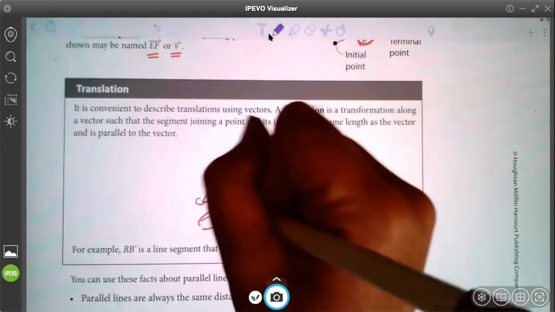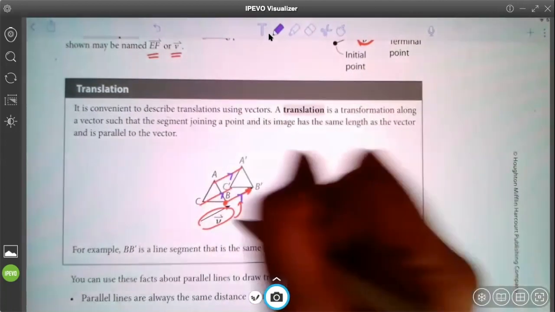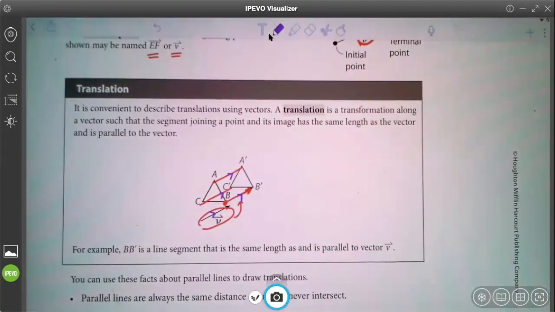That line would be parallel with this line, would be parallel with this line, and it would be parallel with our vector down here as well. And that's because parallel lines are always the same distance apart. And so if we're taking lines and we are making all of these lines go the same direction and the same magnitude, or the same distance and same direction, then it makes sense that they should never intersect and they would be parallel.